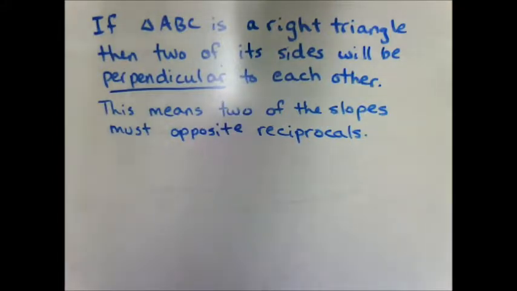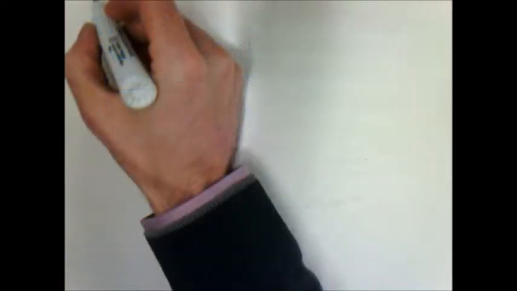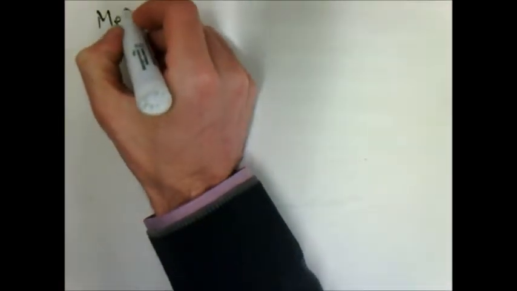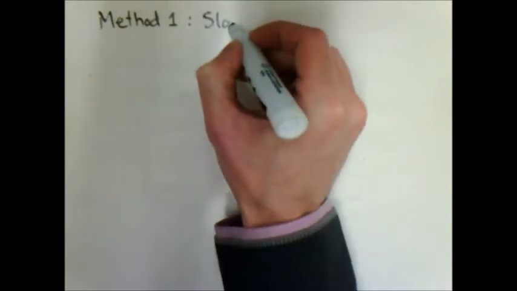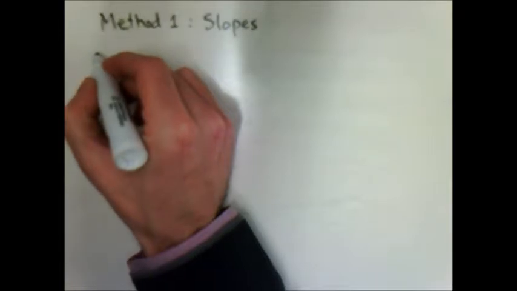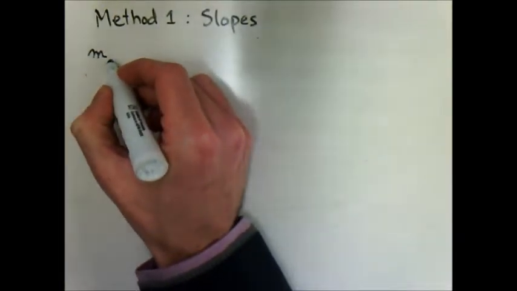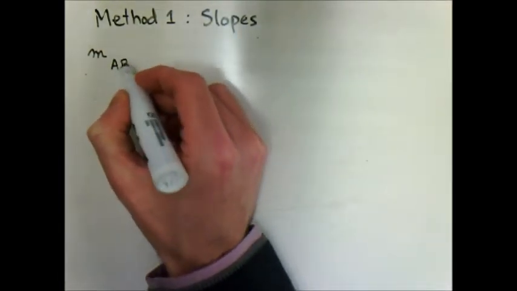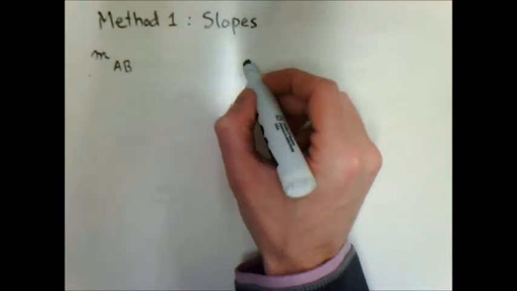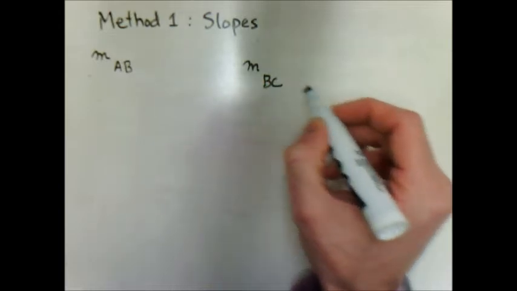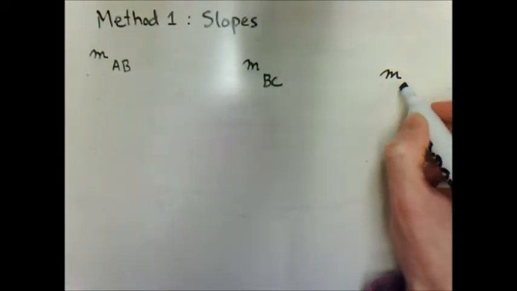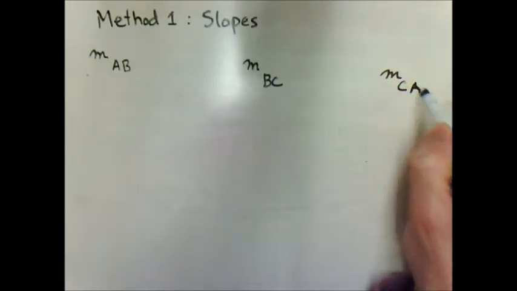We're going to use 2 different methods. The first is going to be using the slopes of these 3 lines. Method 1: Slopes. So we need to find the slope of AB, the slope of BC, and the slope of CA.